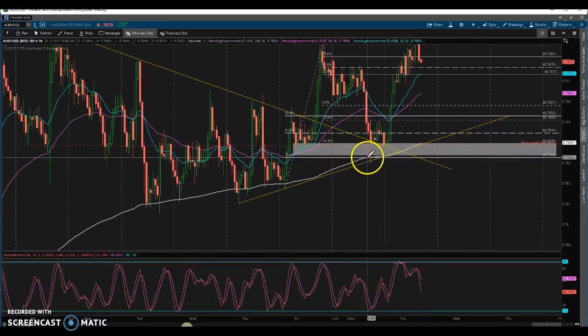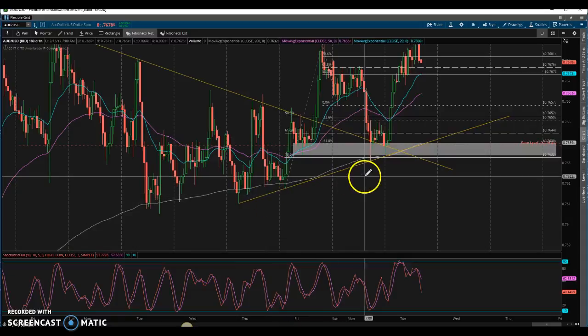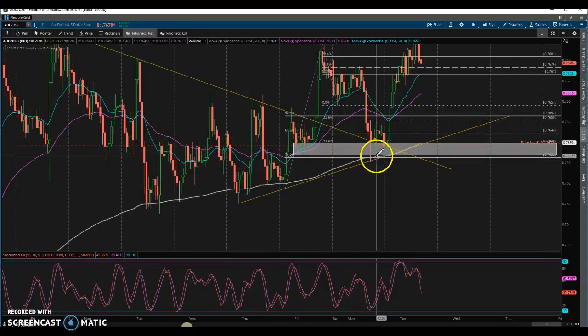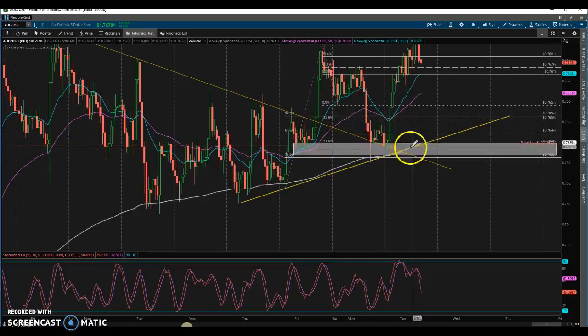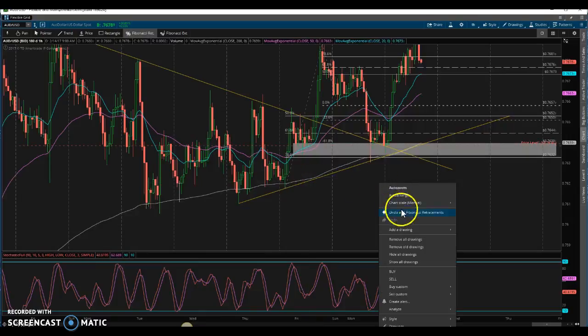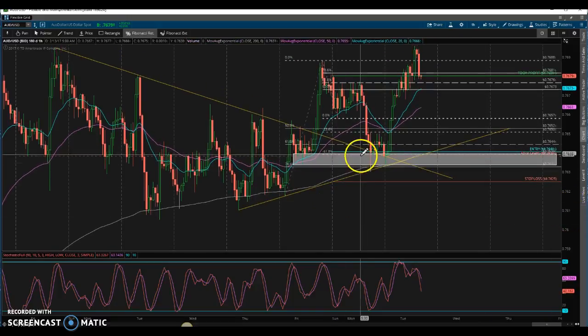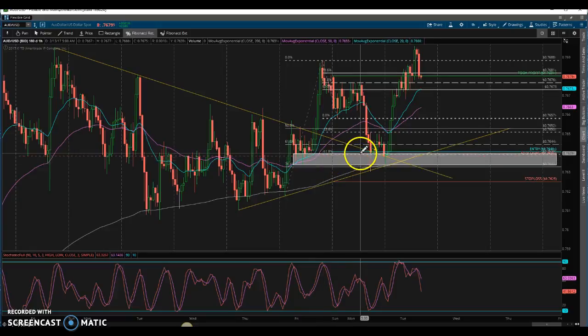I actually didn't anticipate price to penetrate this level as deep as it did, but inevitably it did end up holding, and the 200 EMA for the 1 hour chart was right there, as well as this trend line. So I nearly got stopped out, but I didn't.